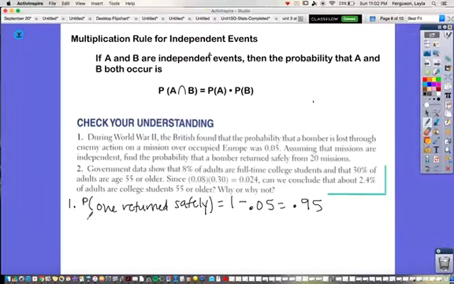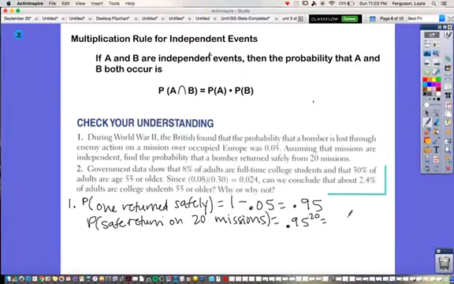So that would look like the probability of a safe return on 20 missions would basically be 0.95 times itself 20 different times, because it would be like saying the probability of A times the probability of B, which means that it was safe, times it again and again and again. So this is basically 0.95 to the 20th power, which would end up being 0.3585.